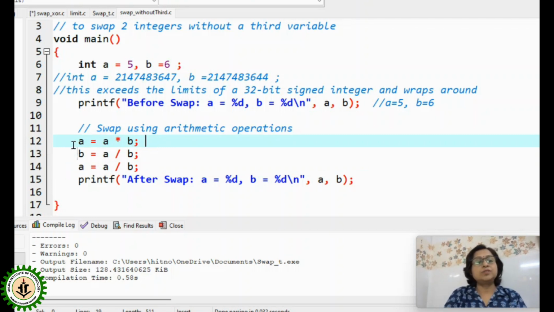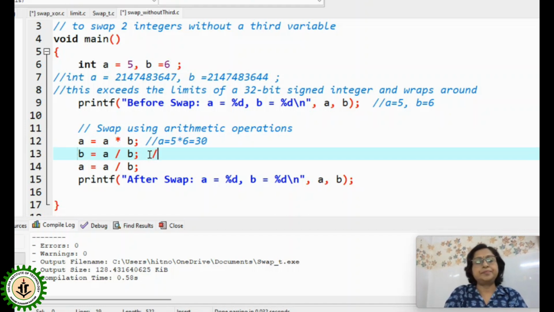So let us follow these three lines, which help in doing the swapping. Now A will have the product of A into B. What is A? 5. So 5 cross 6 is 30. Next line.